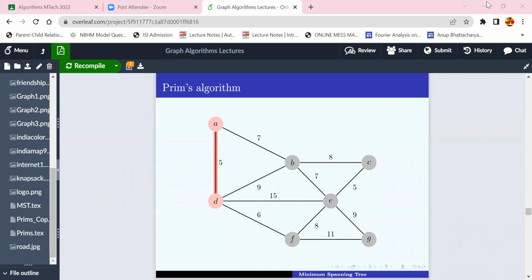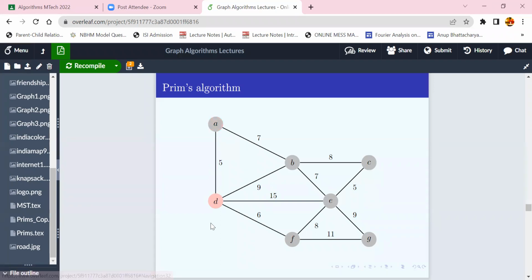So let me start from the beginning then. Suppose we are given a graph and a vertex from that graph, and we want to grow a minimum spanning tree from the given vertex.